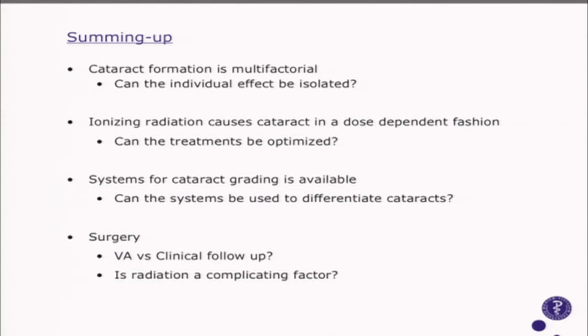Can the treatment be optimized? And can a system be used in order to differentiate different cataracts, the radiation cataract from the senile cataract, from the medication-mediated cataract? And when do we need to do surgery? Should it be when the patient cannot see, or should it be when the clinician can see? And is radiation really a complicating factor for doing cataract surgery? Thank you.